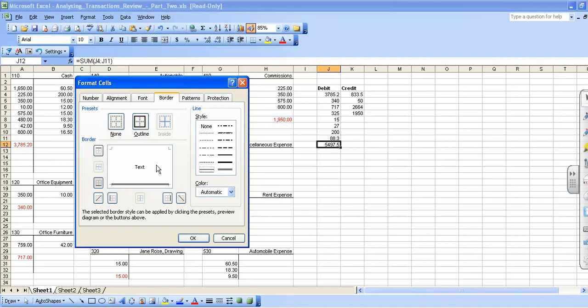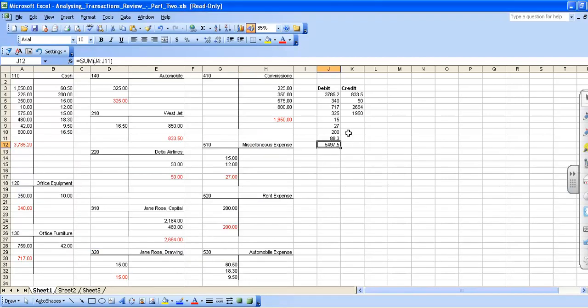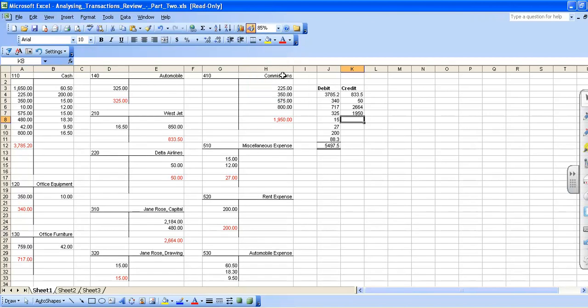Oops. And put a single rule because we added. And then we're going to do the same over here. Or I can also just use this little box. There we go. So equals sum K4 to K7.